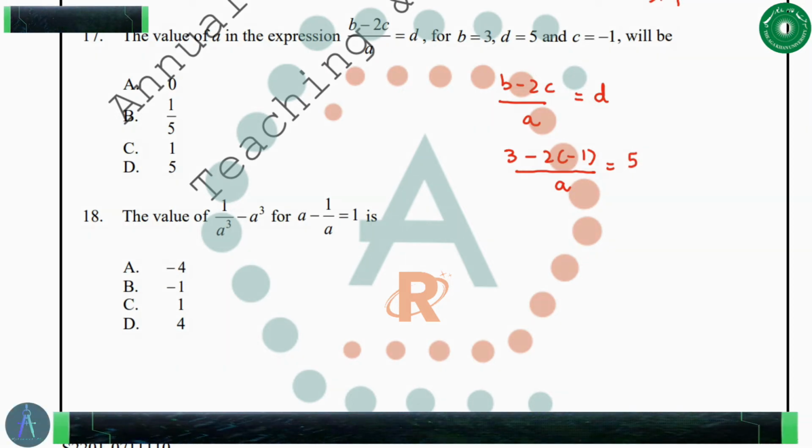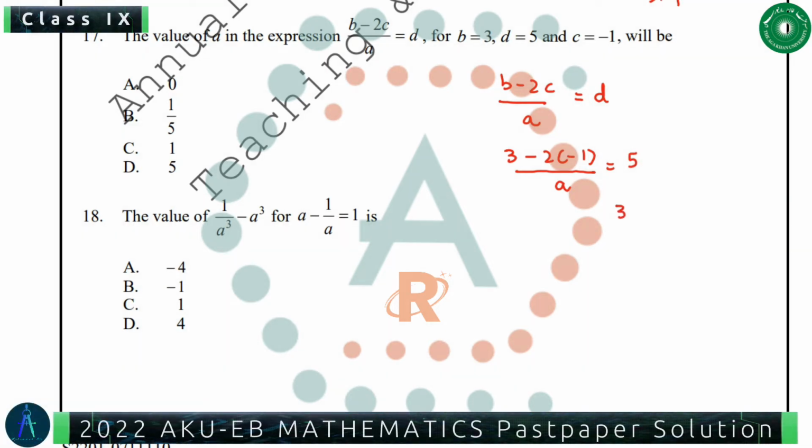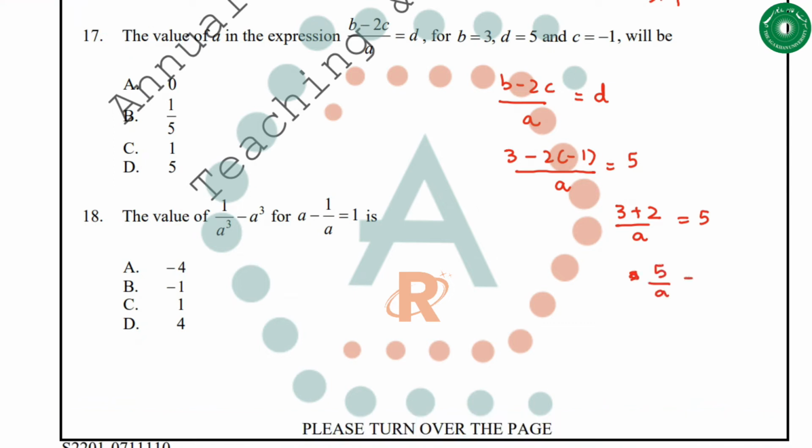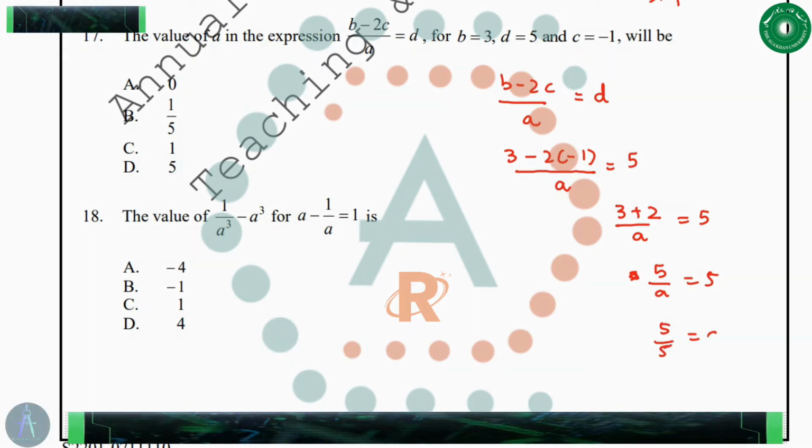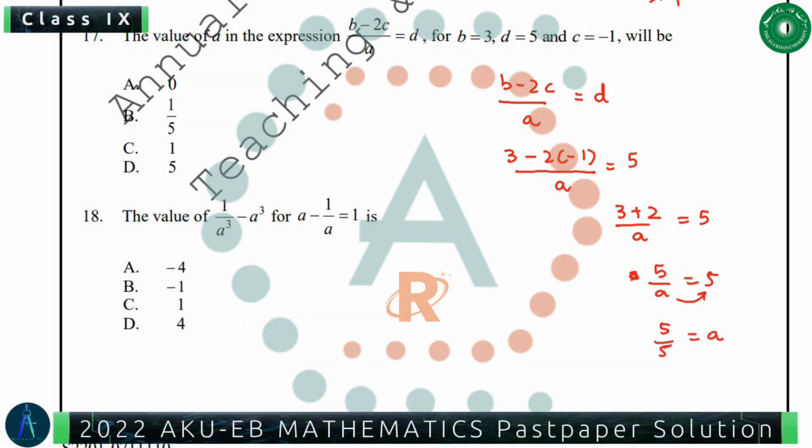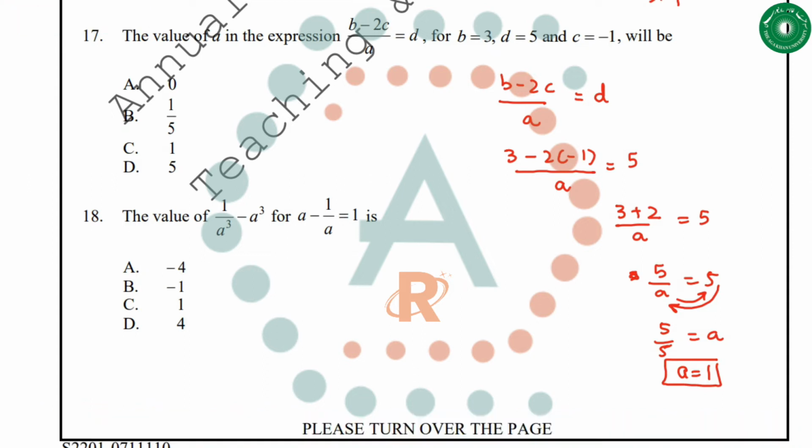So 3 minus 2 into minus 1 is 3 plus 2 over a equals 5. So 3 plus 2 is 5 over a equals 5, and 5 over 5 will be equal to a. We move this a to the left hand side and 5 will move into the denominator. So the value of a will be equal to 1. So the correct answer is option C.